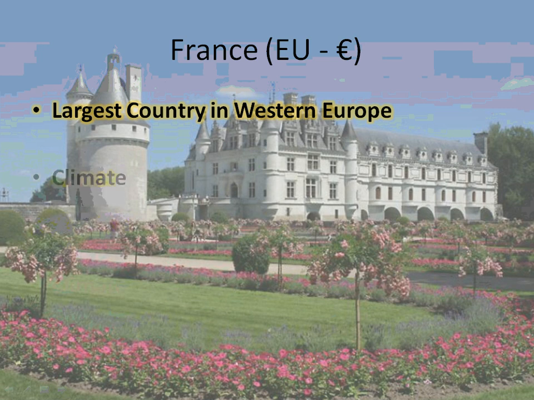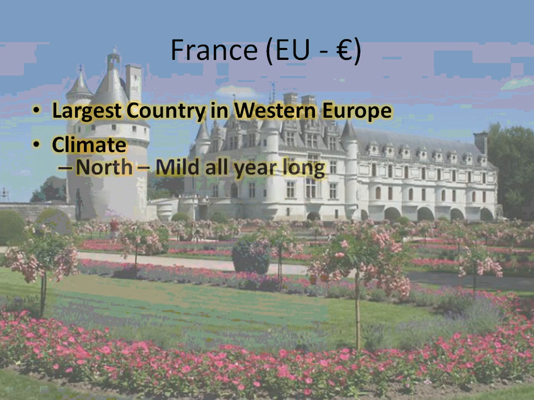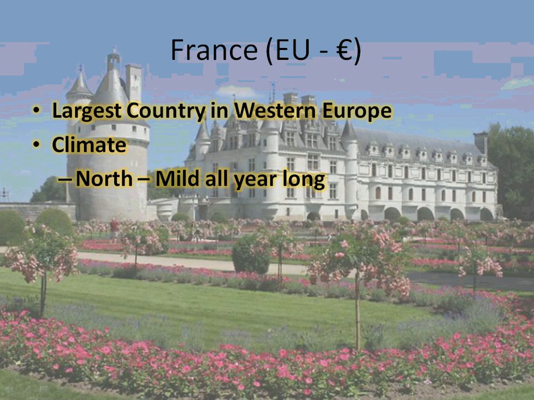Good. That's the way it's like in the north. Mild all year long and rainy. Not as rainy as in the UK and Ireland, but certainly it is mild all year long.